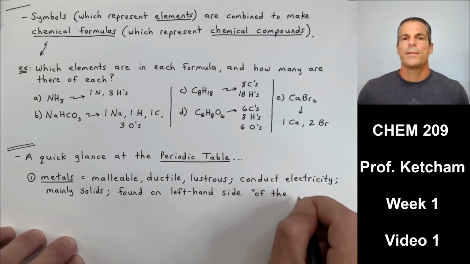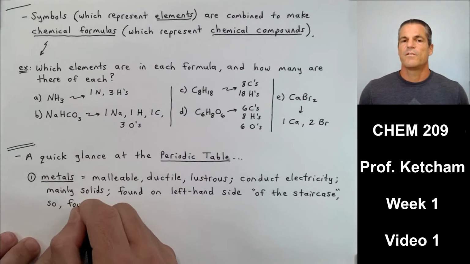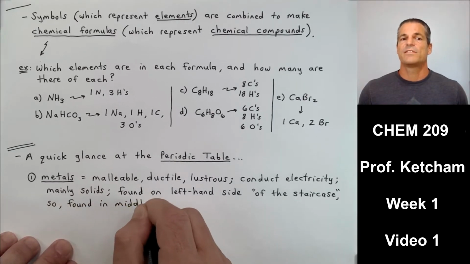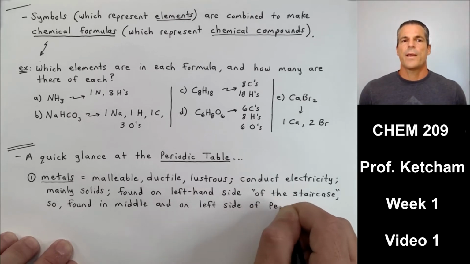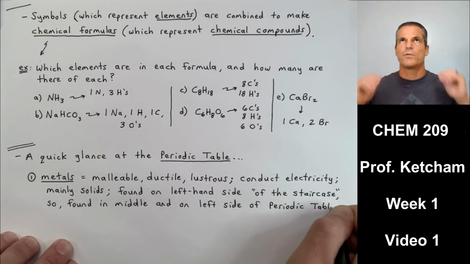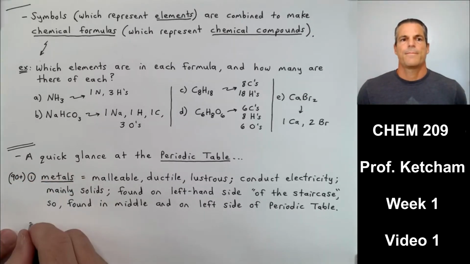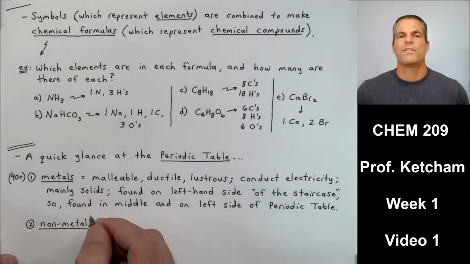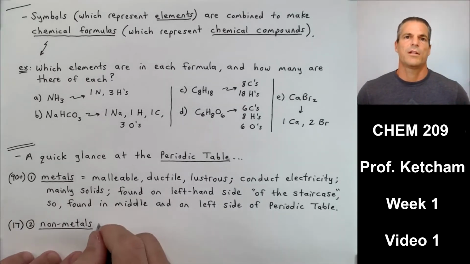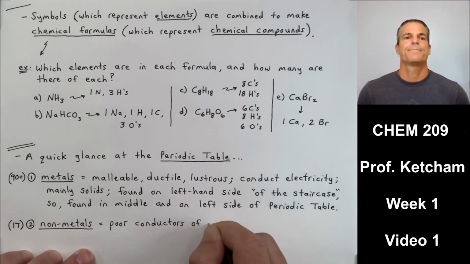In general, metals conduct electricity. Most of them are solids, and they're found on the left-hand side of the staircase on the periodic table. So from a mental viewpoint, metals are in the middle and off to the left. More than 90 of the roughly 120 elements are metals. Most of the elements on the periodic table are metals.